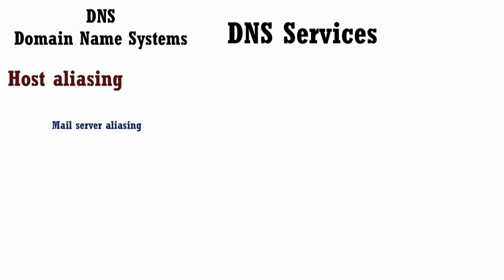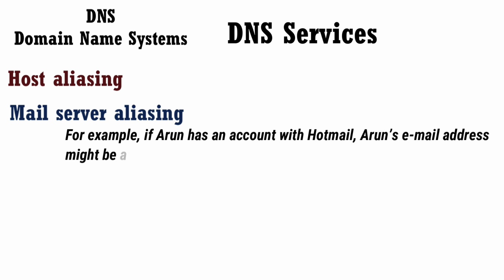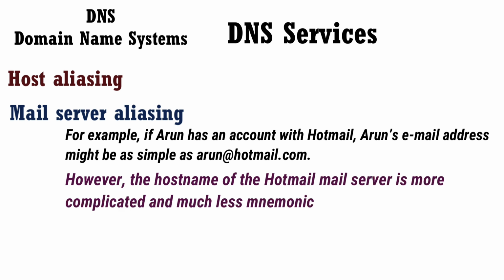Second one, mail server aliasing. For example, if Arun has an account with Hotmail, then Arun's email address might be as simple as arun@hotmail.com. However, the host name of the Hotmail server is more complicated and much less mnemonic than the simple hotmail.com.